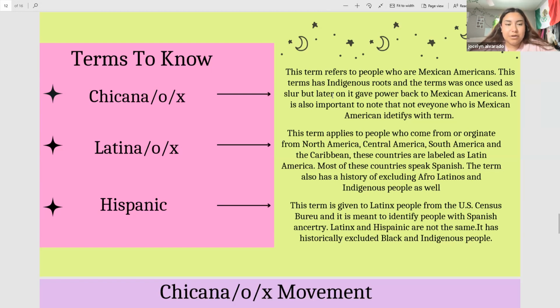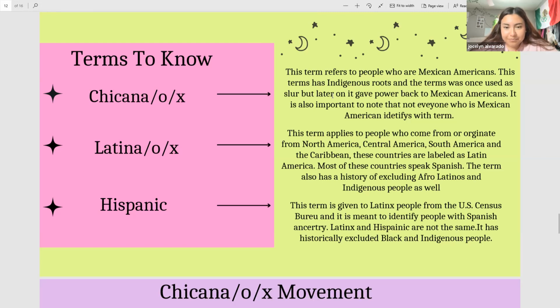The next term is Latina, Latino, and Latinx. This term refers to people who originate from North America, Central America, South America, and the Caribbean. These countries are what are now labeled as Latin America. In most of these countries they speak Spanish, but of course there are different regions that speak different languages.